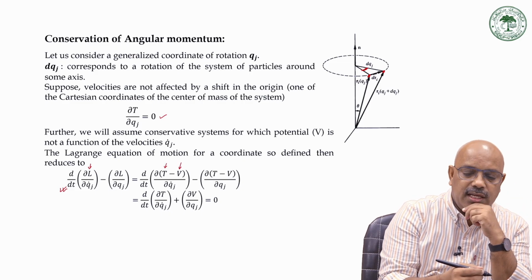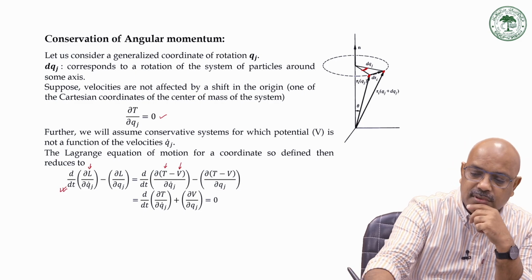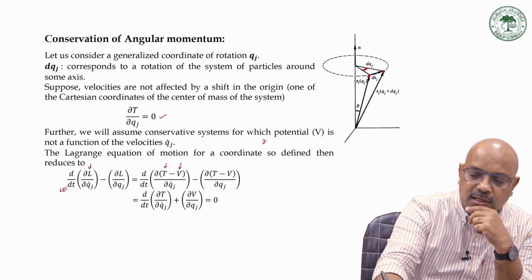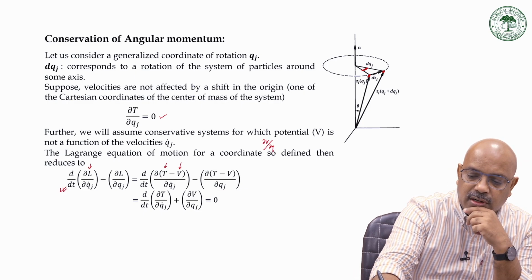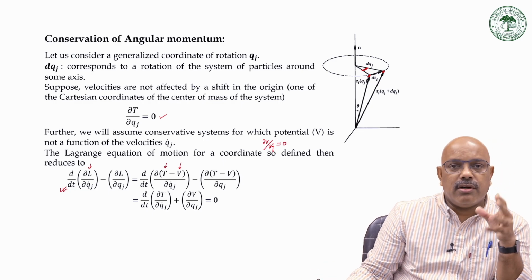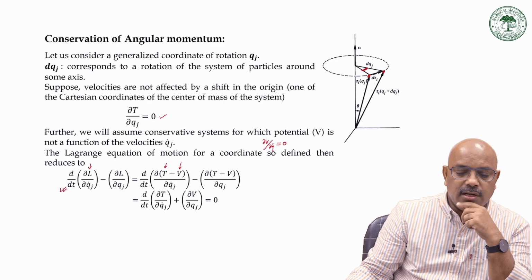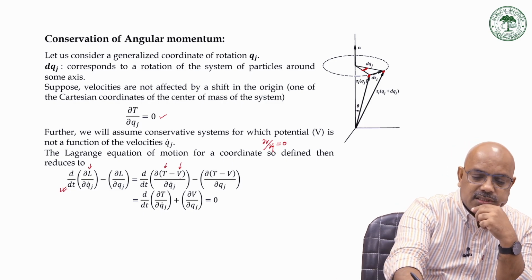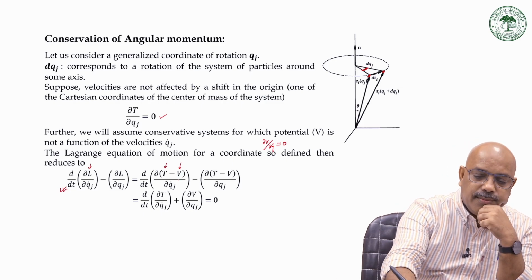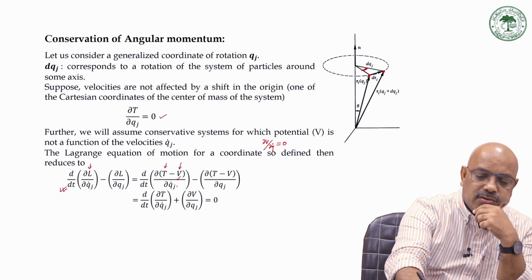This is how you define it. And del V by del q dot is going to be 0, because the potential is not a function of q dot, the generalized velocity. So this part is not going to contribute here.